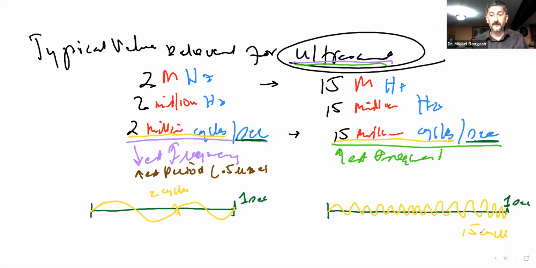Where here we have 15 million cycles per second, that's where we have the lowest period, which was 0.06 microseconds.